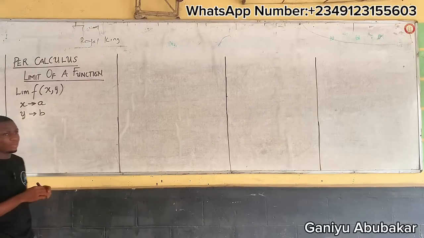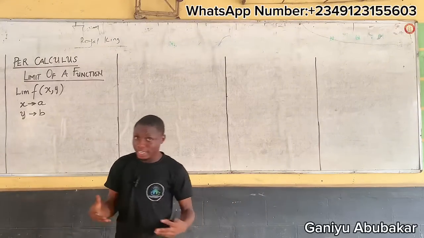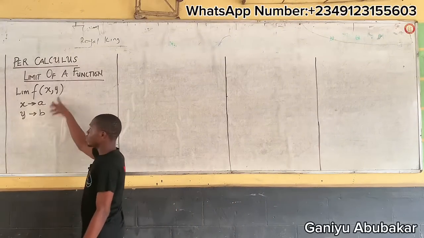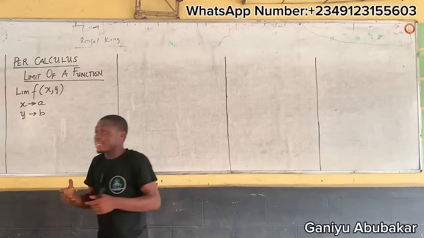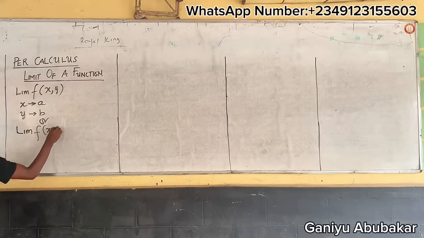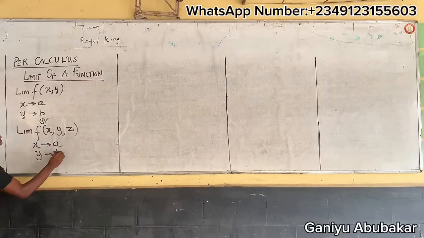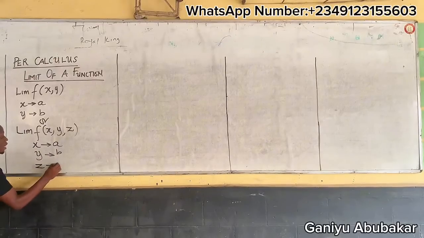So when it comes to limits, we have limits for several variables such as x, y, z. In this case, I have just x, y. This is for two variables. Let's just say I have the limit of a function of x, y, z. This becomes three variables where x tends to a, y tends to b, and z tends to c.